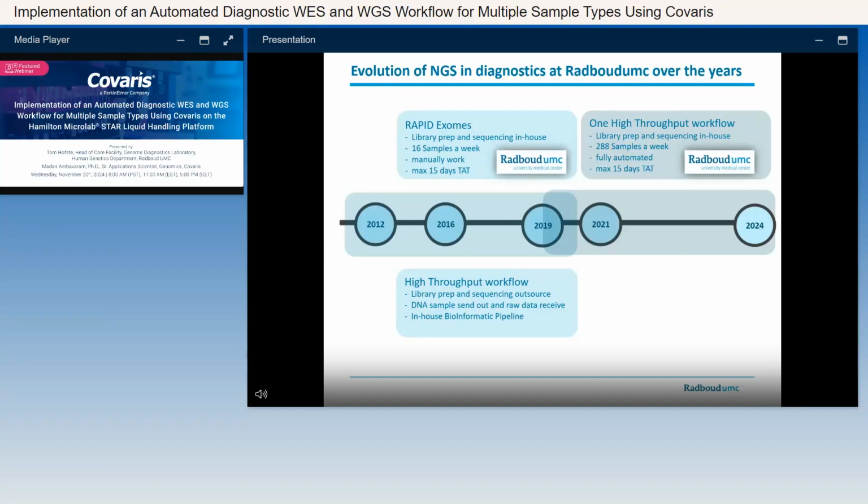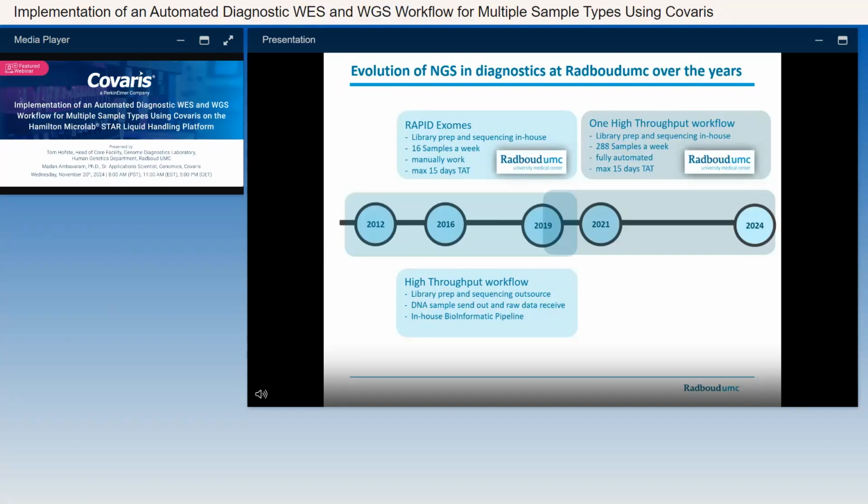But next to that, we also had a rapid workflow, the rapid exomes. That was library prep and sequencing in-house. So in the Radboud UMC, we did 16 samples a week. It was completely manual and had a turnaround time of 15 days maximum. But yeah, only 16 samples a week.